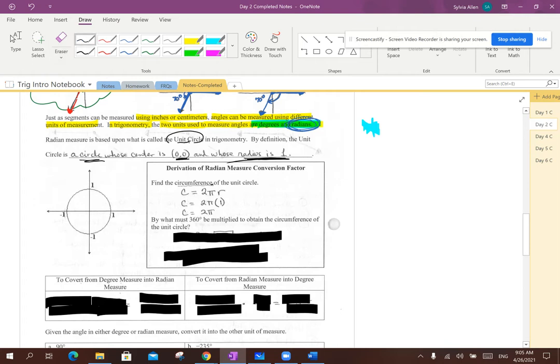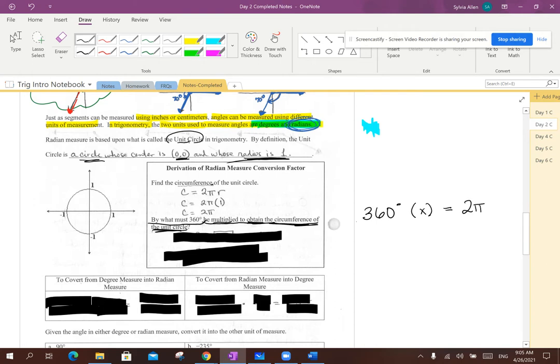So what must 360 degrees be multiplied by to obtain the circumference of the unit circle? Okay, so if I take 360 degrees times x to obtain the circumference of the unit circle, the circumference of the unit circle is 2 pi.